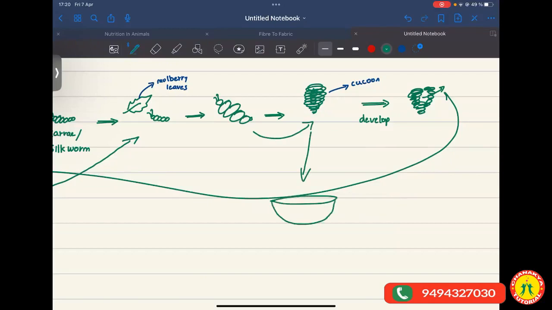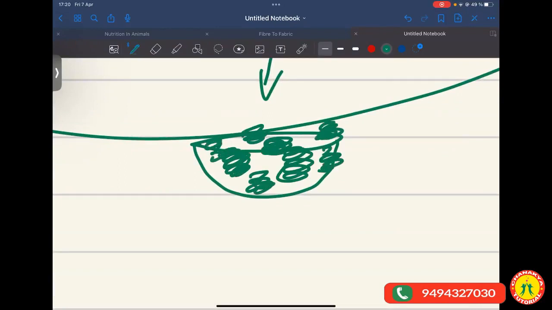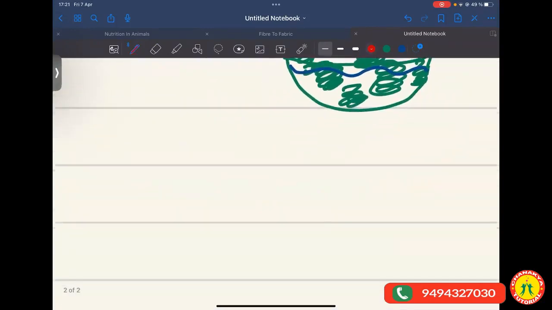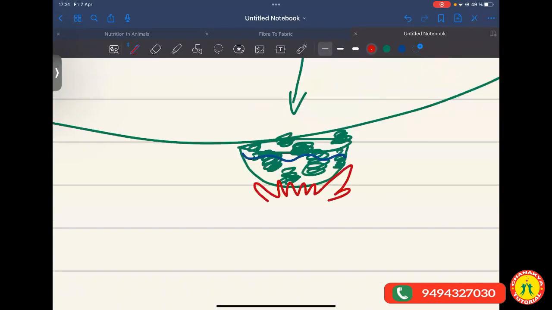In a big vessel, all these cocoons are collected by hand. For humans, they are collected by hand, but right now there are a lot of machines too. And they are immersed in water and boiled.